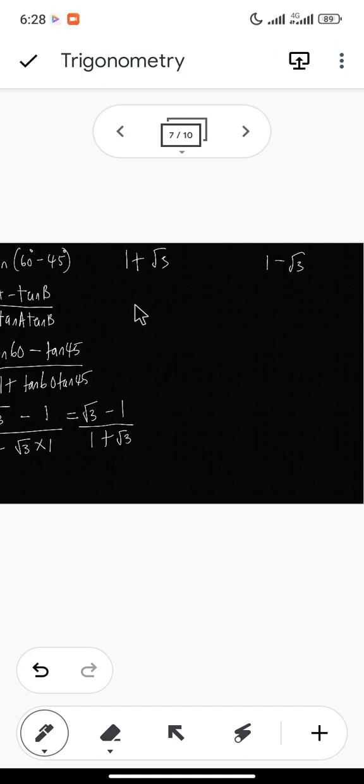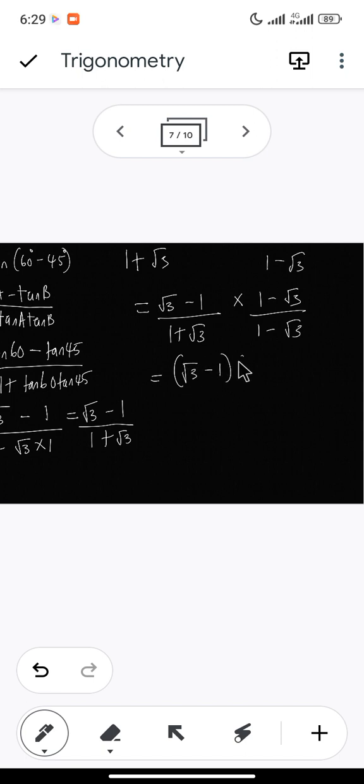So this is going to be root 3 minus 1 over 1 plus root 3. Now you multiply by the conjugate, 1 minus root 3 over 1 minus root 3. So we're going to try to open this. Now we're going to have a bracket, root 3 minus 1, multiplying 1 minus root 3, all over 1 plus root 3 times 1 minus root 3.